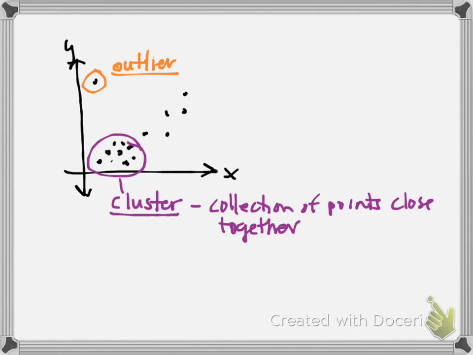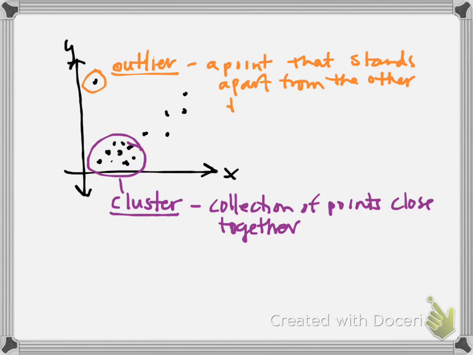Don't call him a loser. And this is a point that stands apart from the other data. Okay, so an outlier is a point that stands apart from the other data.